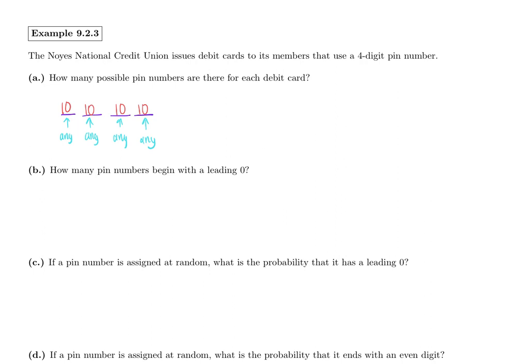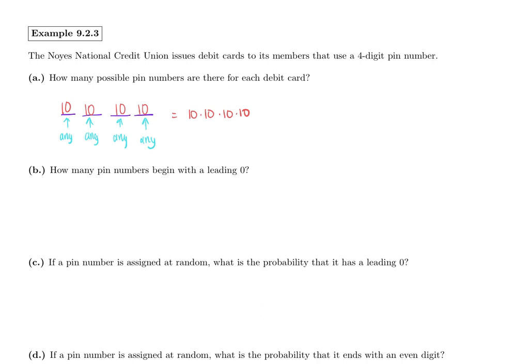If you want your pin to be 1111, you got it. If you want your pin to be 1234, you got it. If you want your pin to be 9999, you got it. There are no limitations. So how many possible pin numbers are there? Well, that would be 10 times 10 times 10 times 10, because we want the first and the second and the third and the fourth. Remember, and means multiply.